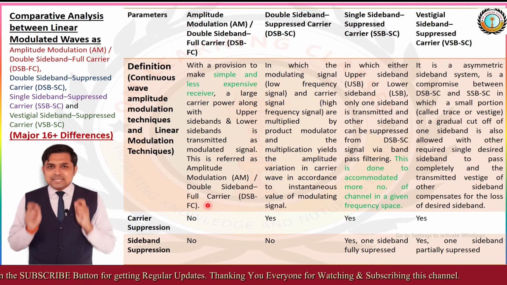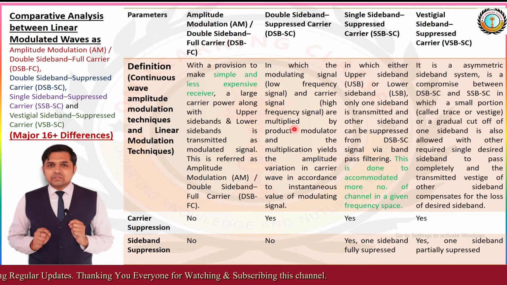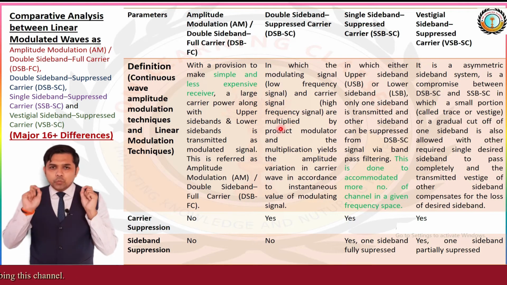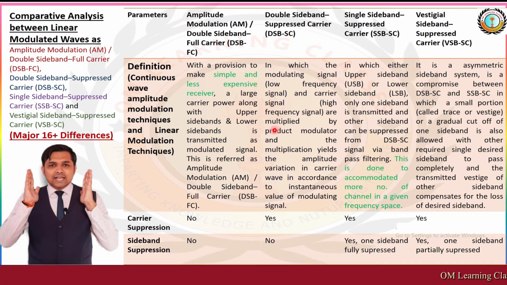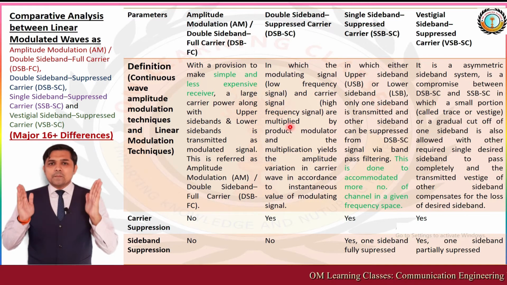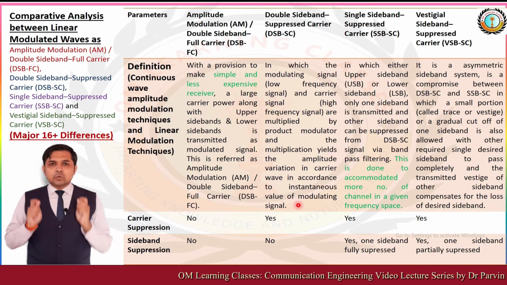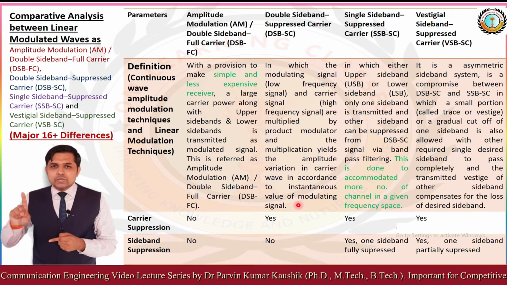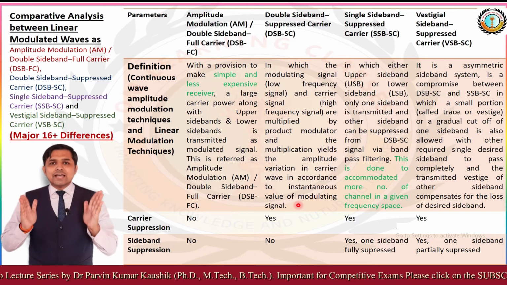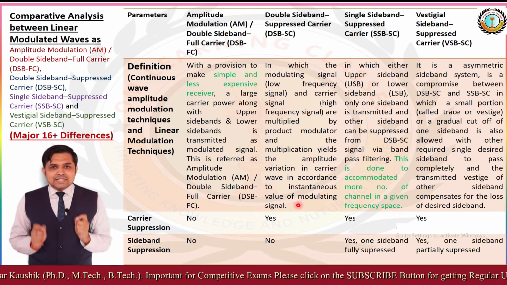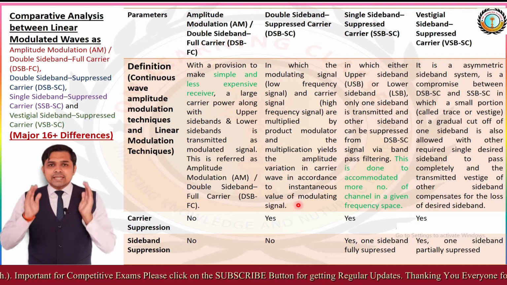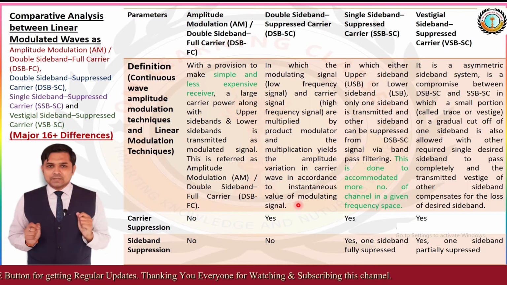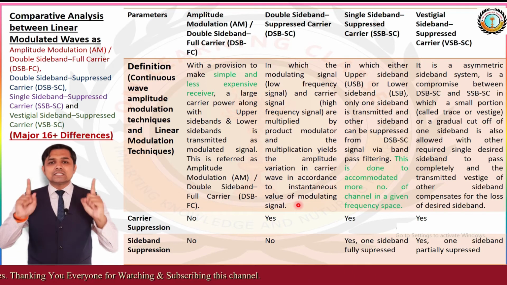In DSBSC, the modulating signal, which is our baseband signal or low frequency signal, is multiplied with the high frequency carrier signal by utilizing the product modulator, and the multiplication of both signals gives the amplitude variation in the carrier signal in accordance with the instantaneous value of the modulating signal, and that results in the DSBSC signal.